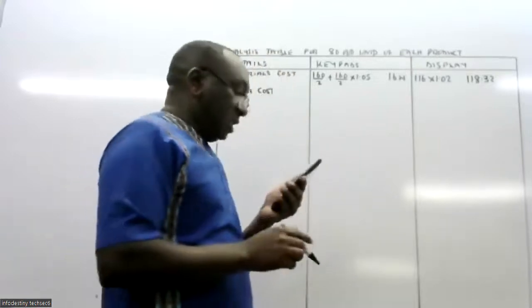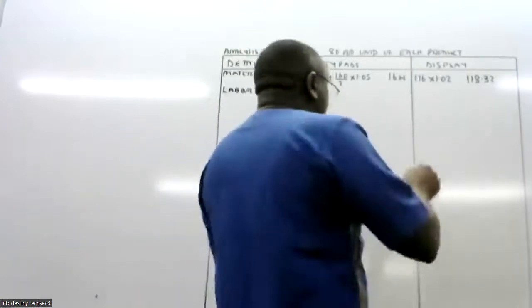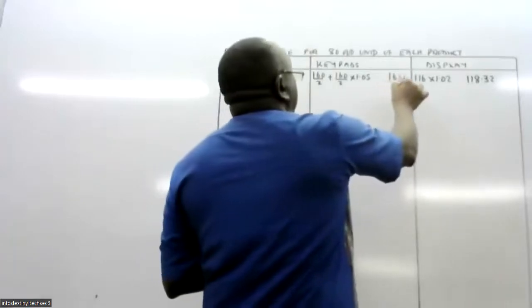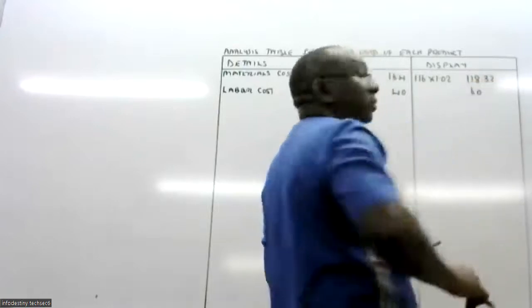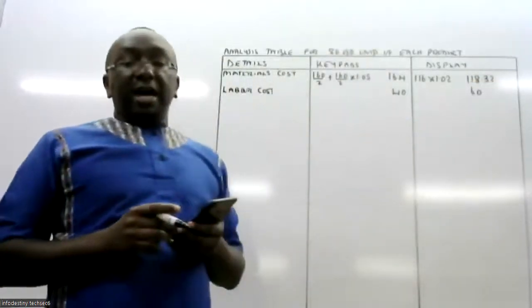But as you can see here, the number of units have not changed. They are 80, just like it was in the previous period or the previous year. So the cost then will remain as we have here. This is 40 and this is 60. So they'll just remain that.